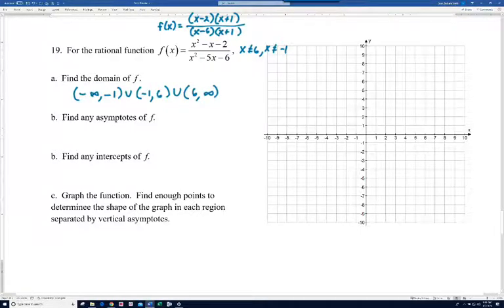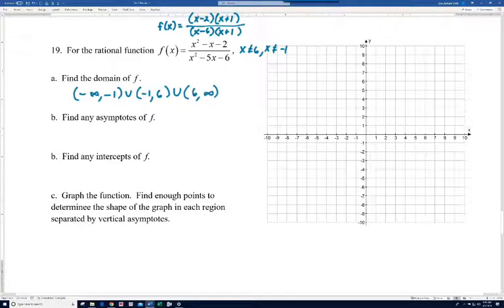So basically this means our domain is all real numbers except negative 1 and 6. That's why we use the parentheses by the negative 1 and the 6. We're excluding those two values. Everything else is okay as far as the domain's concerned.